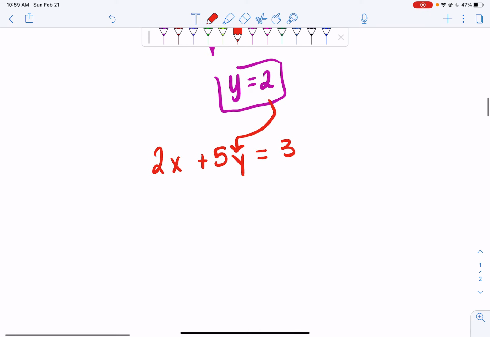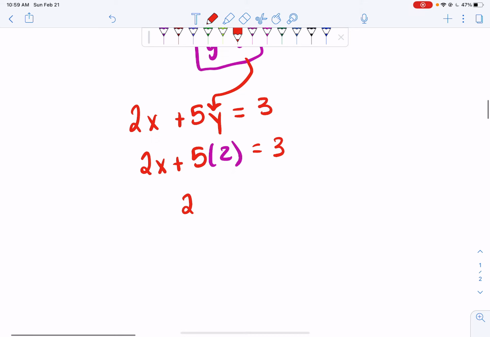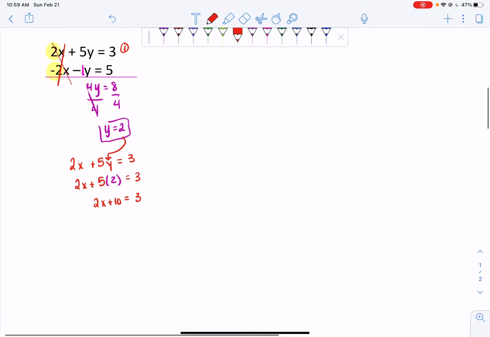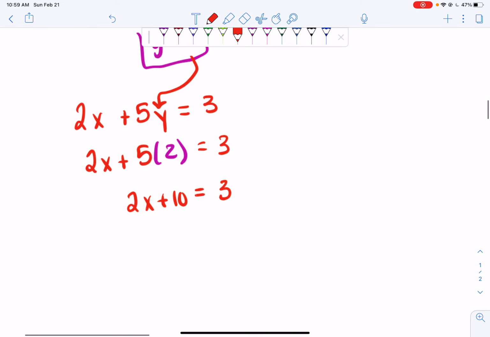So I have 2x plus 5 times 2 equals 3. 5 times 2, that's a 10. So I have 2x plus 10 equals 3. Got to get rid of my 10 by subtracting, so I subtract 10 from both sides of my equation.